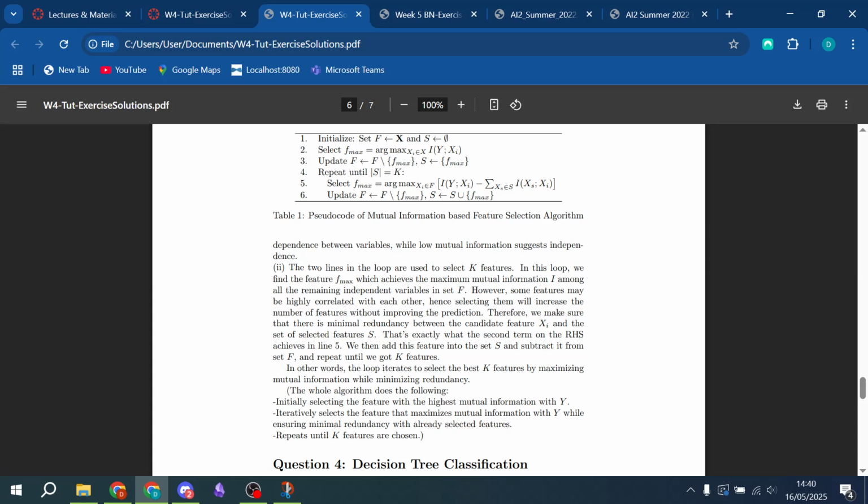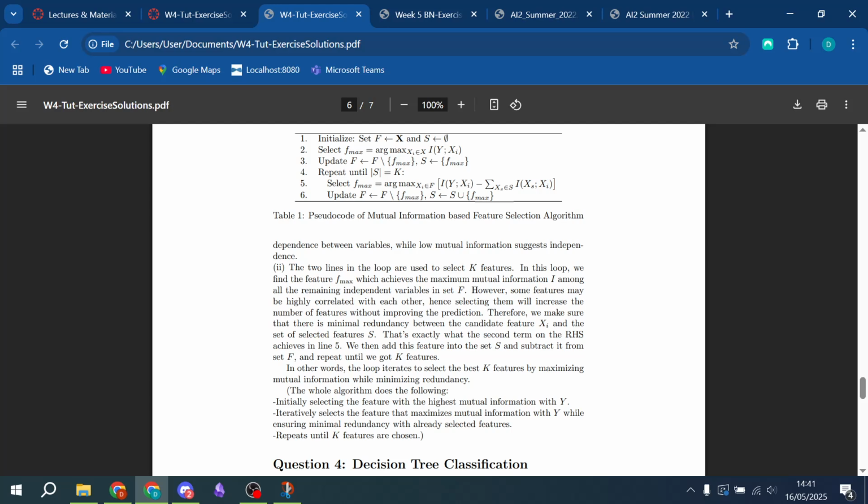So then we can minimize redundancy between the feature we're currently looking at to see if it's the maximum with the class variable xi and the set of already selected features. Yeah, minimal redundancy. And that's what the second term here is doing. Interestingly, they don't have a beta symbol here, but I guess it doesn't matter if we mention it or not.